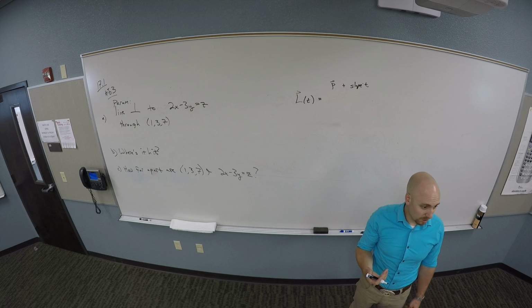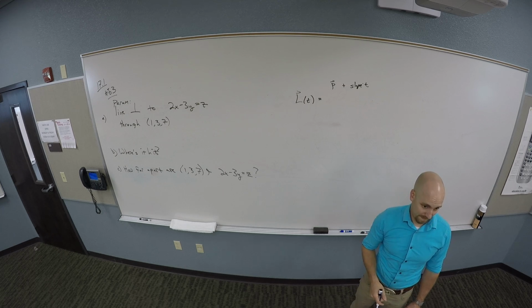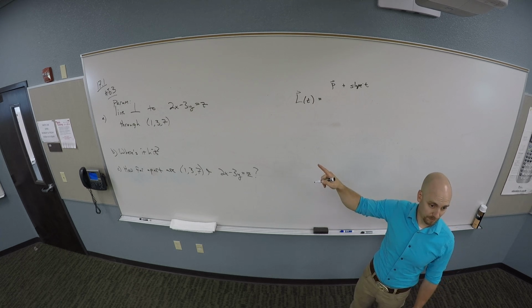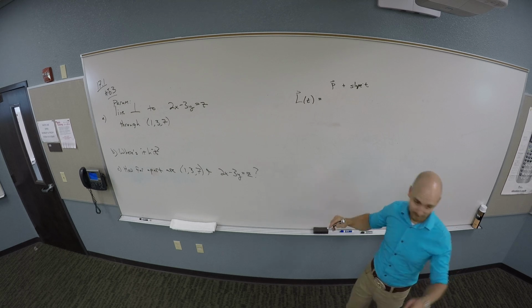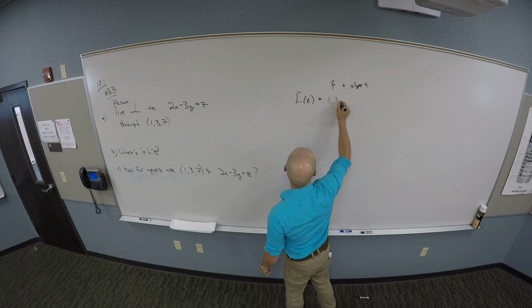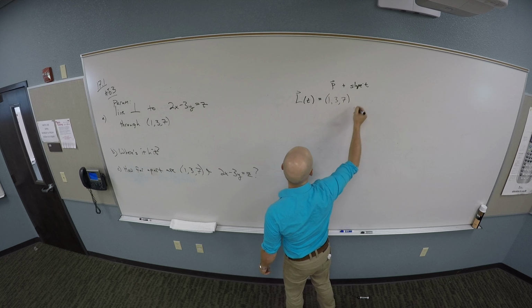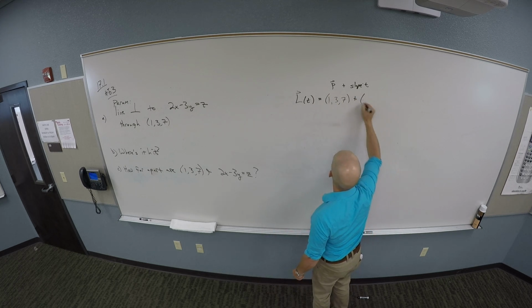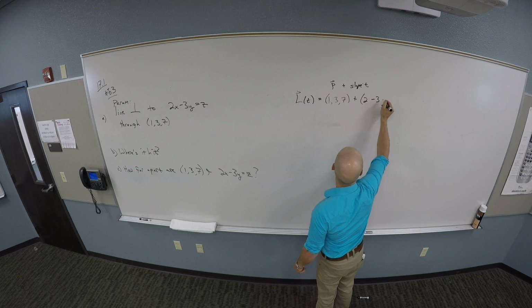So where's your line going to start? At (1, 3, 7). And what's the vector that you're trying to give me? (2, -3, -1).